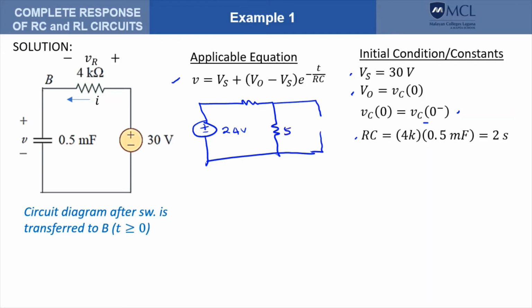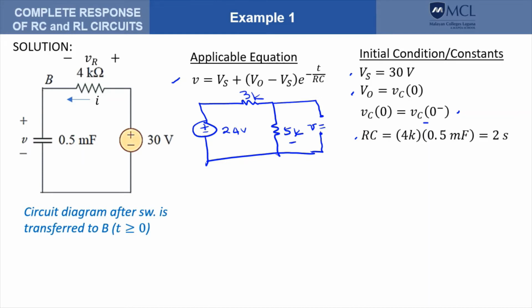So this is 5 kilo ohms, this is 3 kilo ohms, and the capacitor is drawn as an open circuit, indicating that the circuit is at steady state, where this voltage here is equal to the voltage across the 5K, and we can compute that using voltage divider.